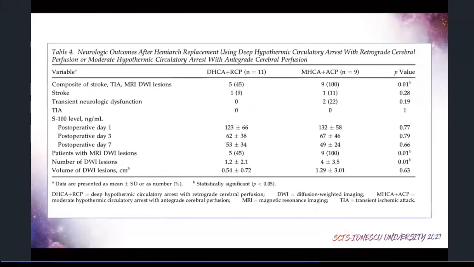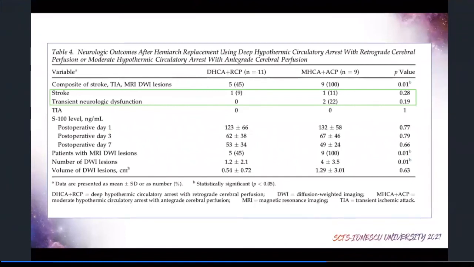In terms of neurologic outcomes after hemiarch replacement between the two groups, if you look at the clinical evidence of stroke, one patient in each group had a stroke, which was not statistically different. Two patients in the MHCA group had temporary neurologic dysfunction.